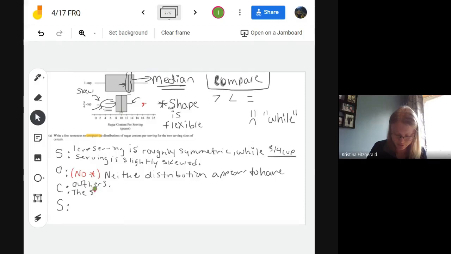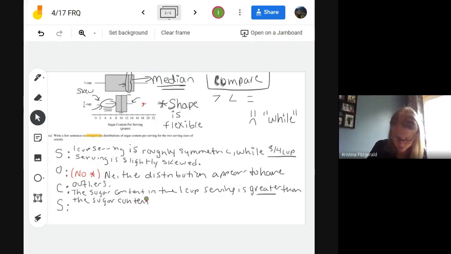So the sugar content in the 1 cup serving is greater than the sugar content in the 3/4 cup serving.